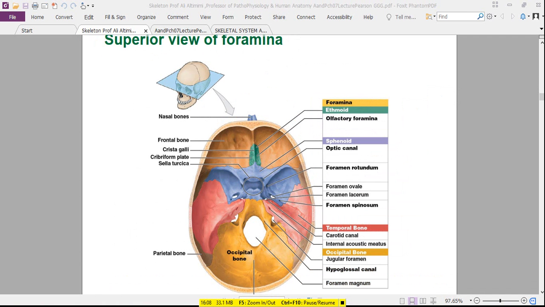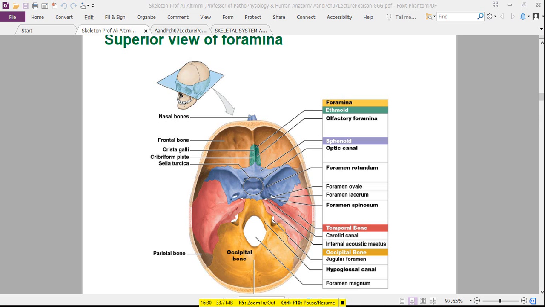This is a superior view of the foramina. This is the ethmoid bone, and these are olfactory foramina, and this is sphenoidal bone.